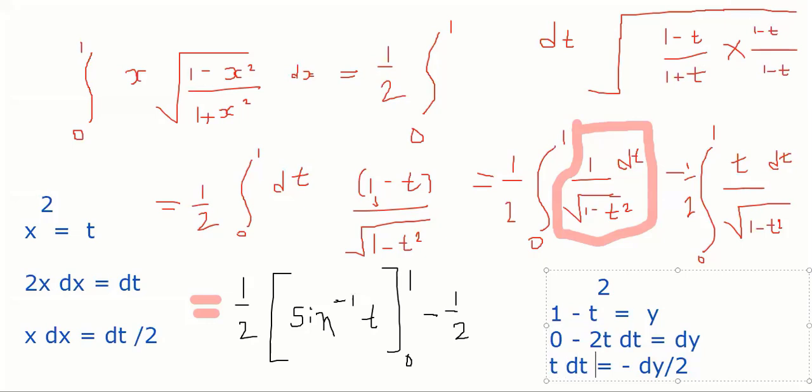We are just trying to make t by root of 1 minus t square little simpler. So t dt will be just simply minus dy by 2.